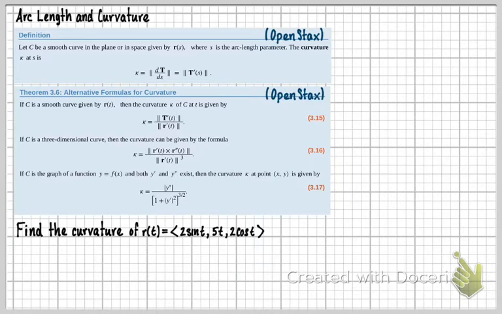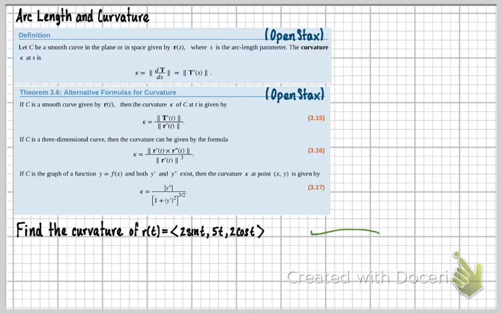If C is a smooth curve given by r(t), then the curvature K of C at t is given by K equaling the magnitude of T prime(t) over the magnitude of r prime(t). So this is a lot of taking derivatives. If you think about T prime(t), how do I get T?